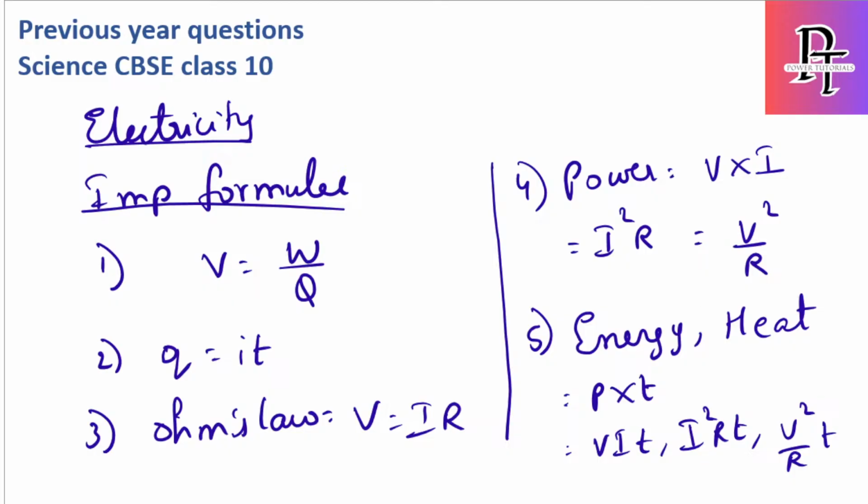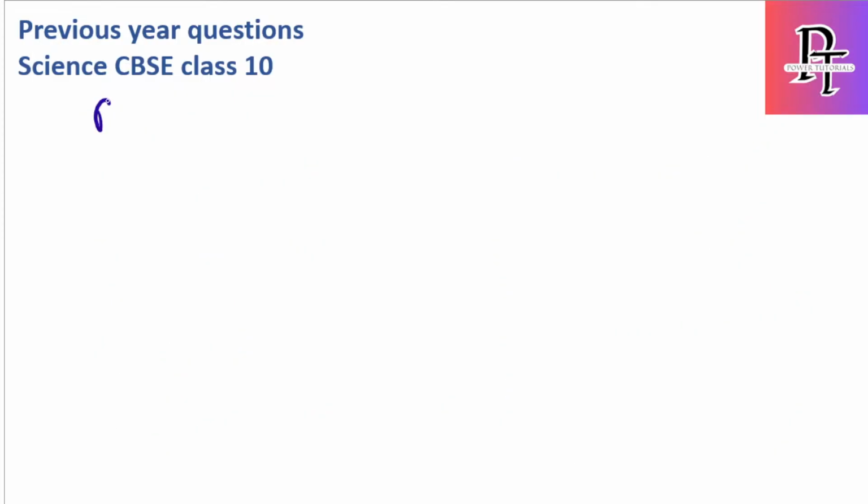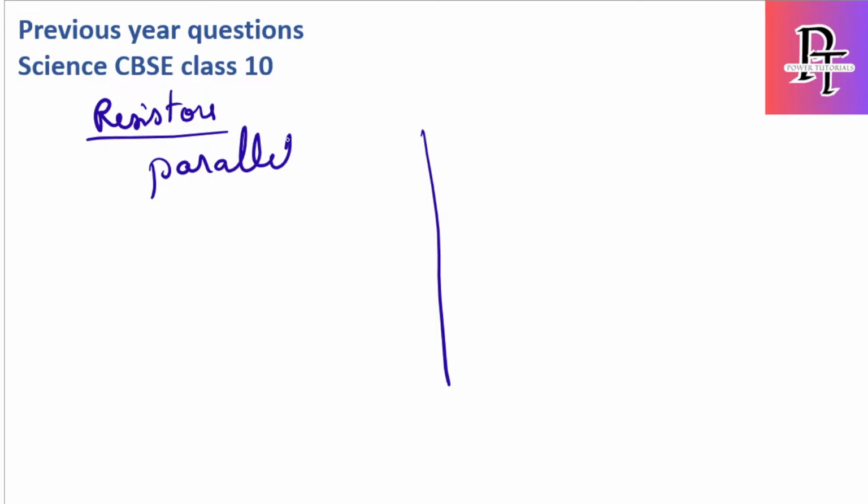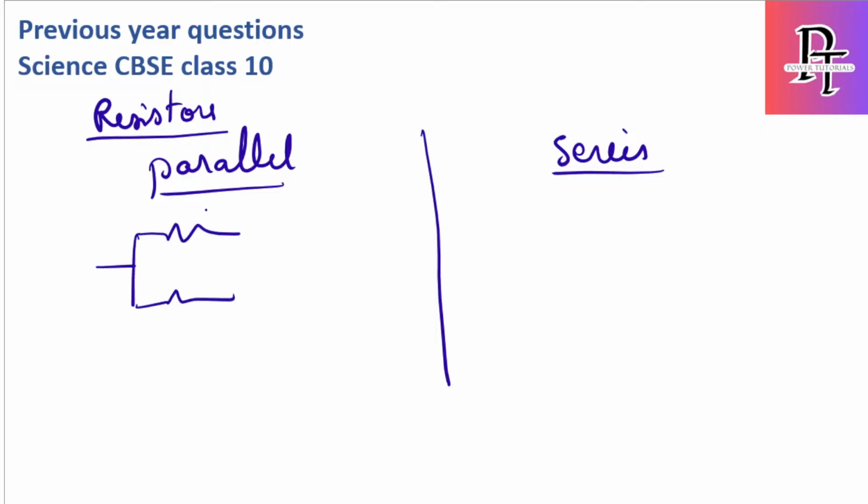Okay, and one more thing, with respect to resistors, we have two topics, which are parallel and series. For parallel, if I say two resistors like this, R1, R2, then if I ask you what is R effective or R total, 1 by R effective will be equal to 1 by R1 plus 1 by R2.